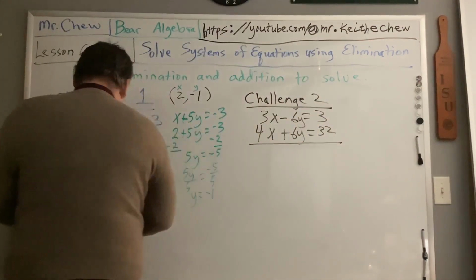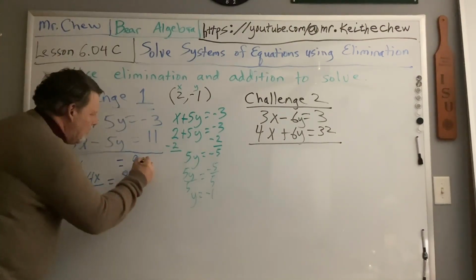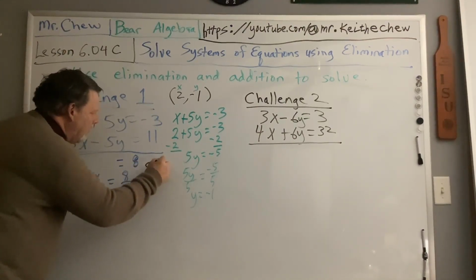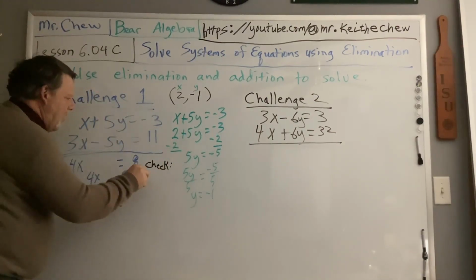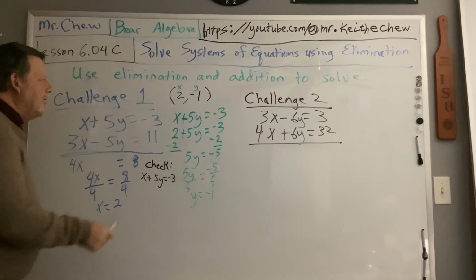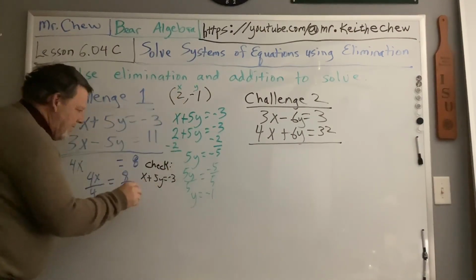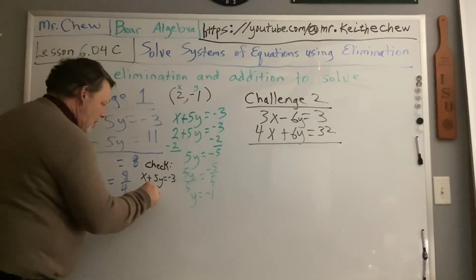So, on my check here, let's just write check here. And if I check the top one, x plus 5y equals negative 3, I substitute the 2 in for the x and the negative 1 in for the y.